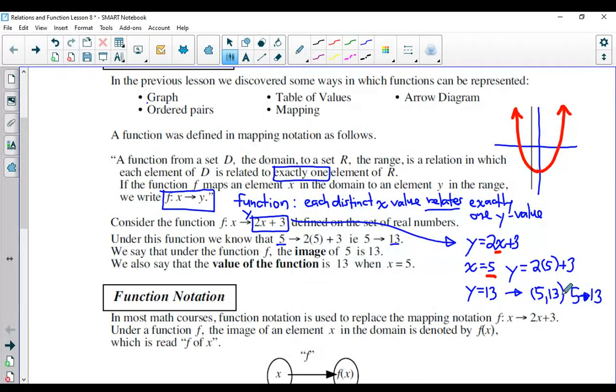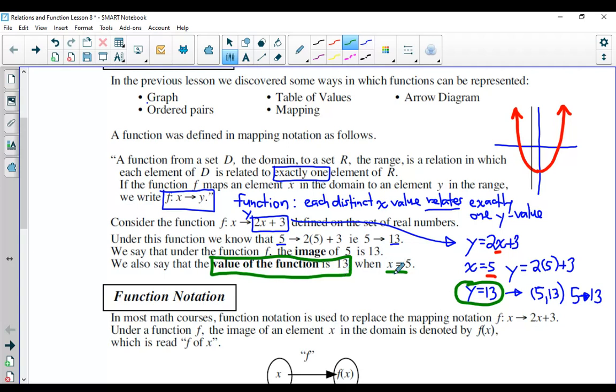Now, there's a different name for the y value that you calculate. I've been using the word value. So when you plug in x equals 5 and you get y equals 13, that's referred to as the value of the function. Specifically, it's the value of the function when x is equal to 5.